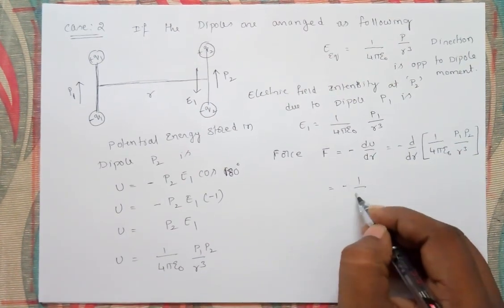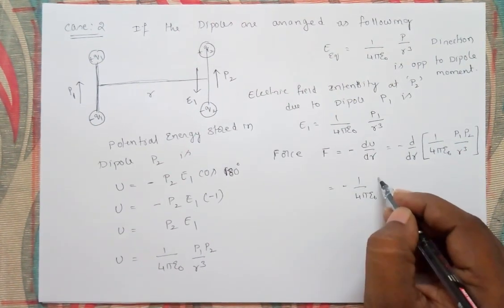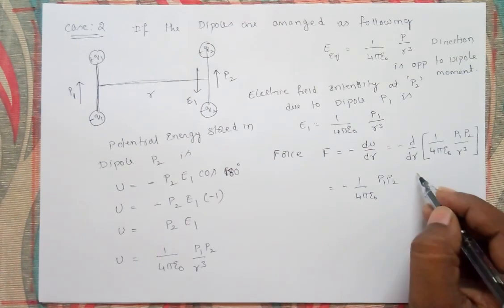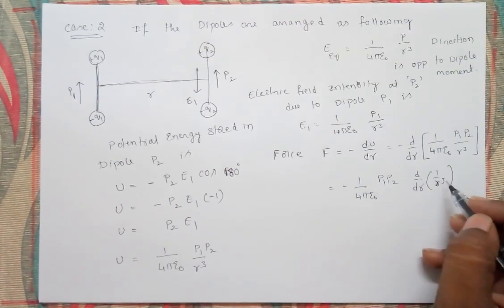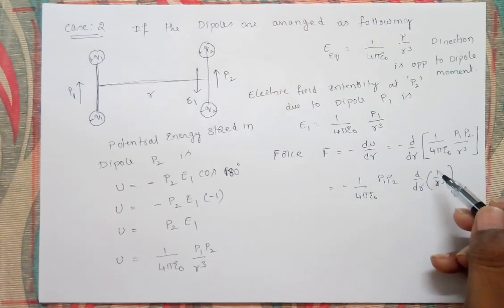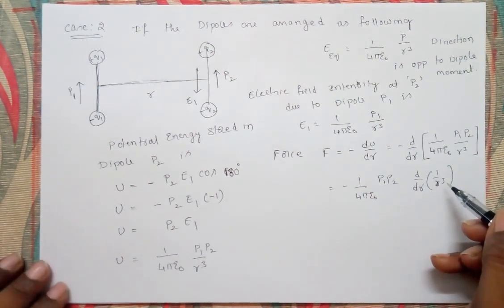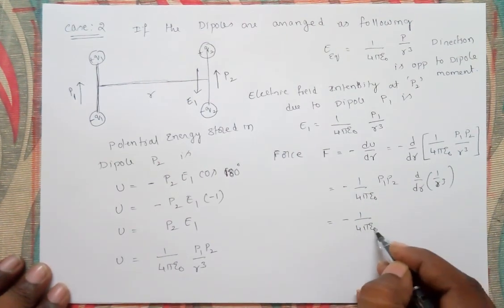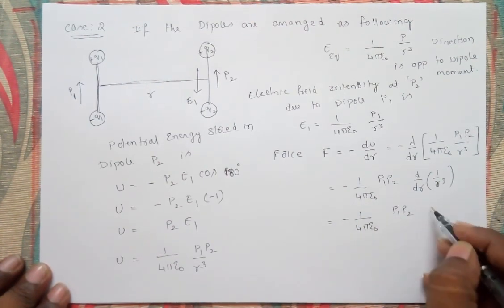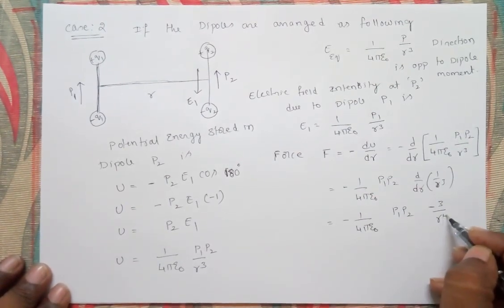Here, if you take 1 by 4 pi epsilon naught p1 p2 common, we can differentiate 1 by r cube. As we already discussed, that gives minus 3 by r power 4. So 1 upon 4 pi epsilon naught, p1 p2, minus 3 by r power 4.